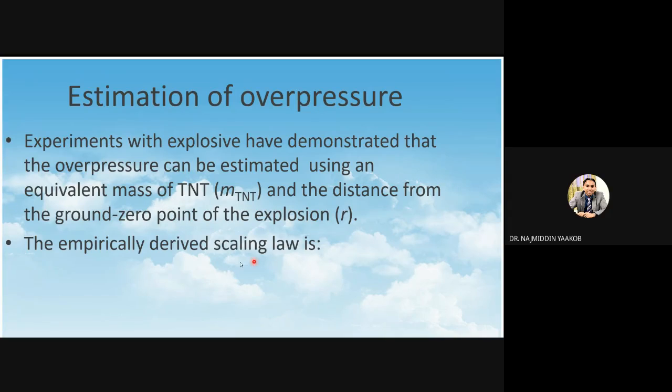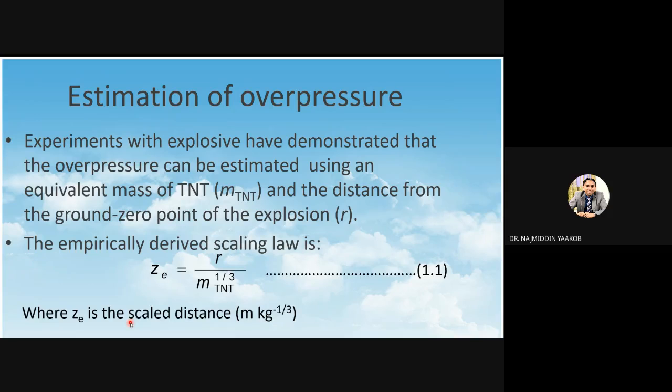The empirically derived scaling law is here: Z_E equals R over M_TNT to the power 1/3. R is the radius, and this is the equivalent mass of TNT, where Z_E is the scaled distance.